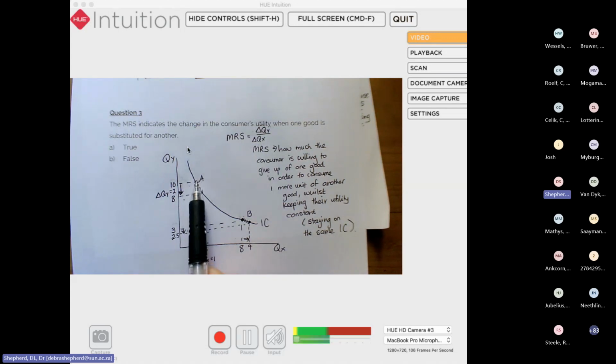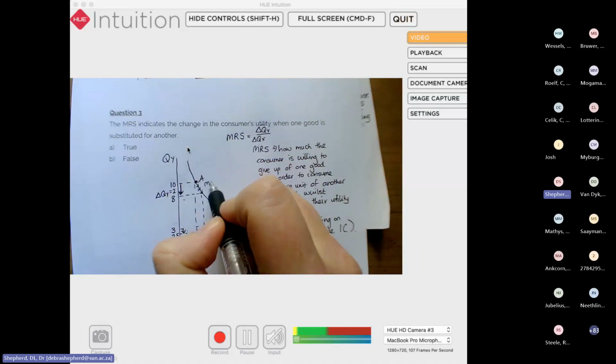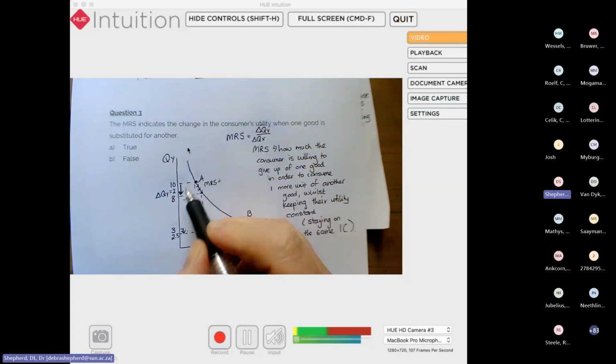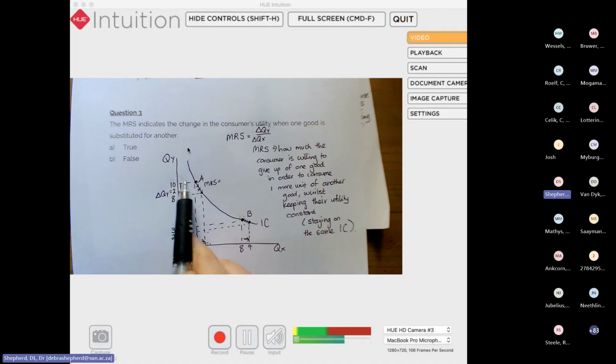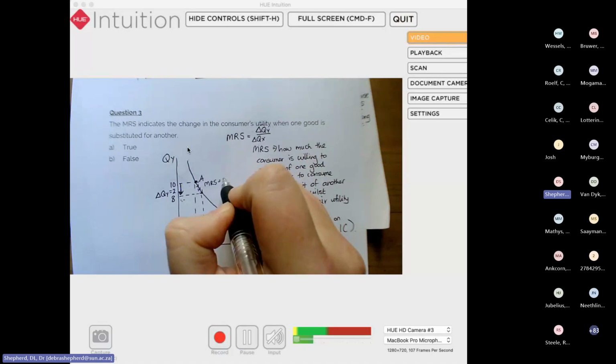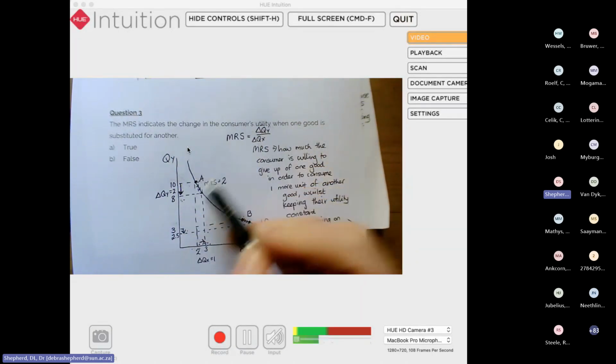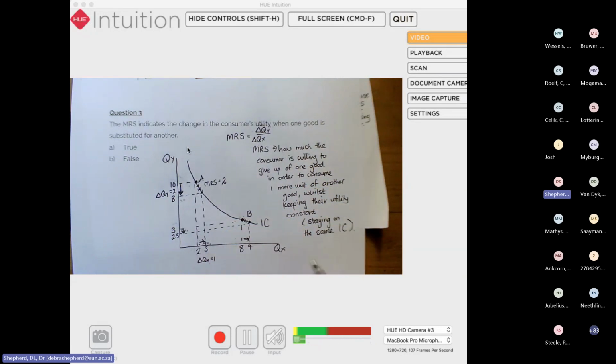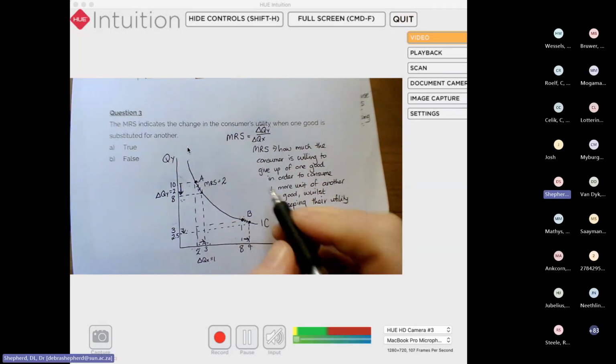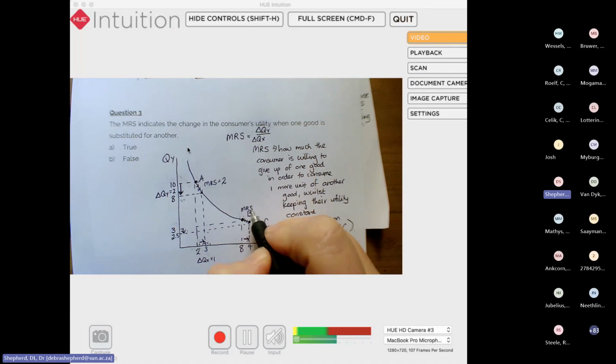So at point A here, my MRS is my change in Y over the change in X. So to get 1 more X, I'm willing to give up 2Y. So my MRS is 2. Change in Y over change in X, 2 over 1. At B, my MRS is a half.